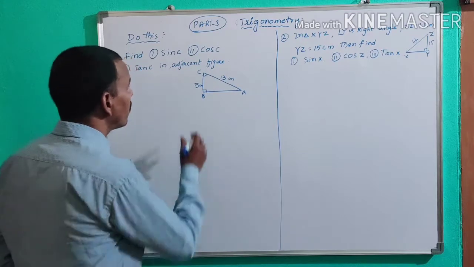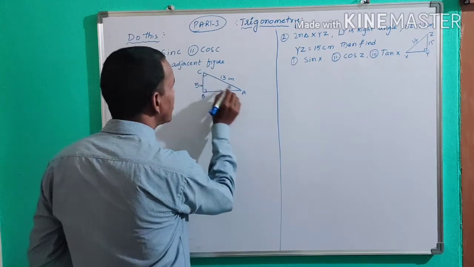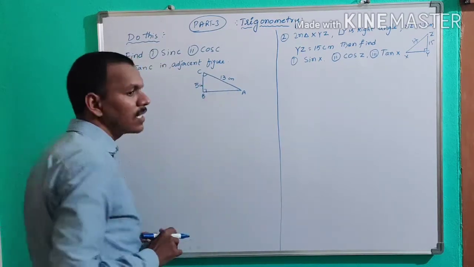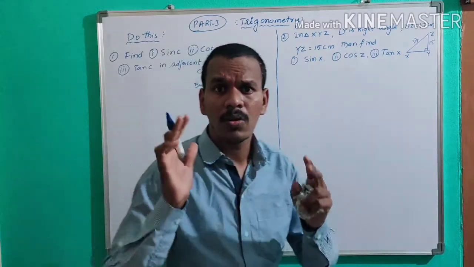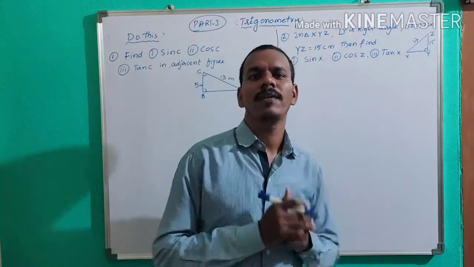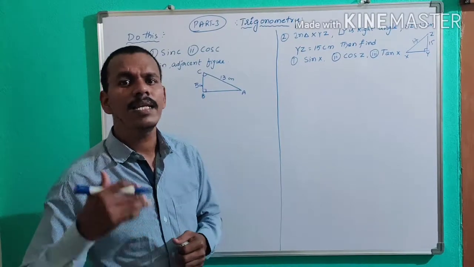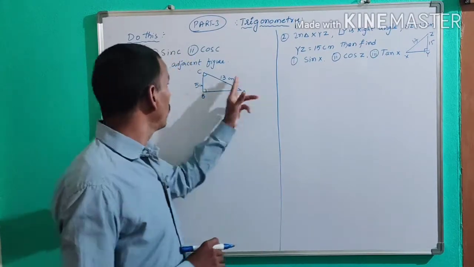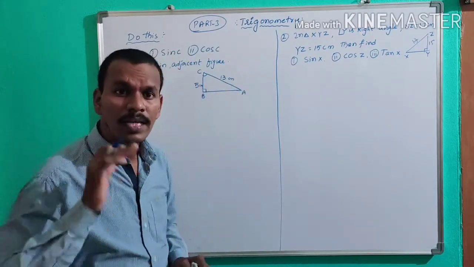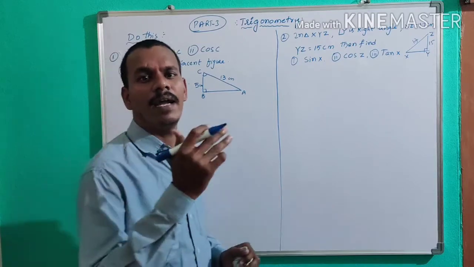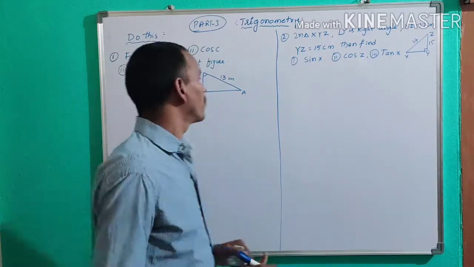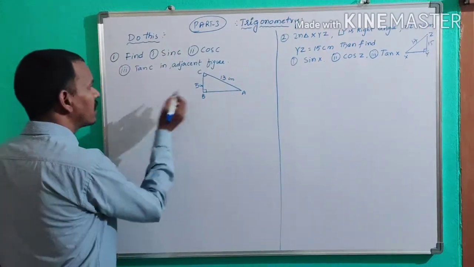So what is given? BC side given, AC side given, and AB side is not given. When we know three sides of a right triangle, then we can get all ratios. But here only two sides are given, so we can find the next side by using the Pythagoras theorem.